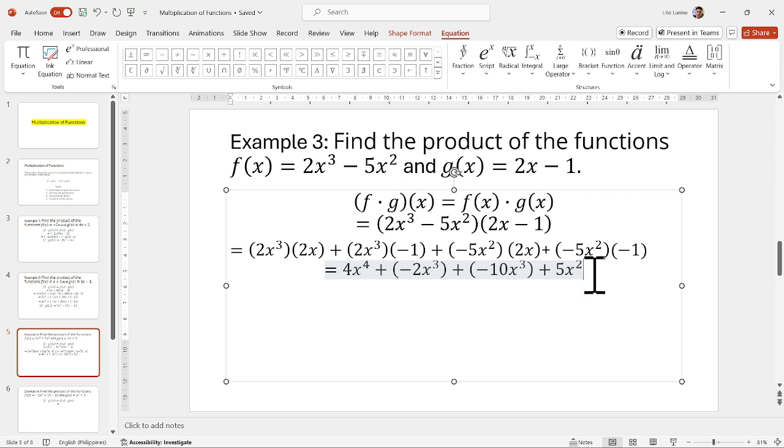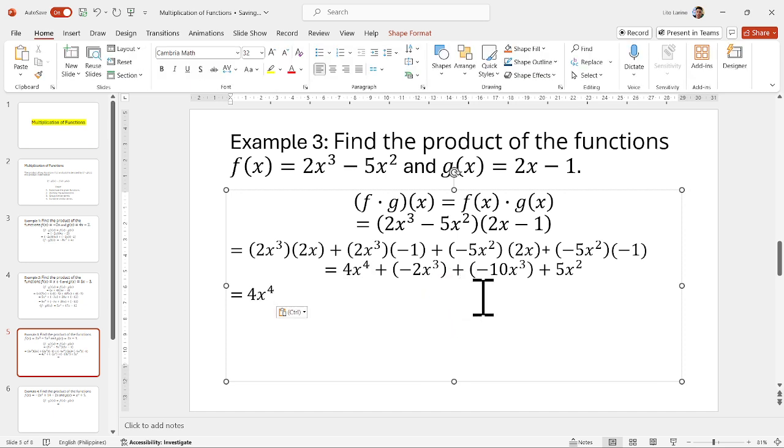And then we group similar terms. Now in this case, let's not do that anymore, because we will just add them right away. That is now equal to 4x to the fourth power. There is no other similar term, so we'll just copy it here. Plus, we have negative 2x cubed plus negative 10x cubed. Since they are like terms, the same variable and its exponent, then we can add them.